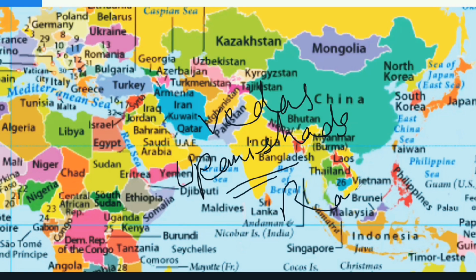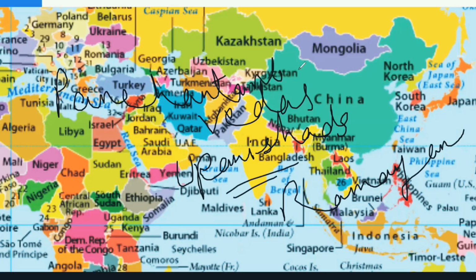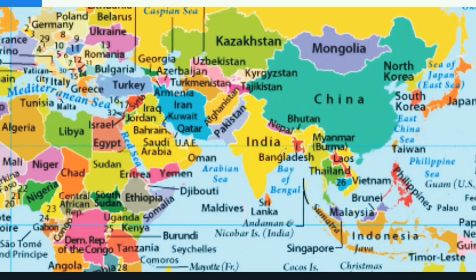Then Ramayana, then Panchatantra. These are our old epic books. All of these ideas you can find if you visit Thailand, where their Buddhist temples are there. Their Hinduism is there. If you go to Nepal, they know the idea of Ramayana. They also know the idea of Panchatantra.